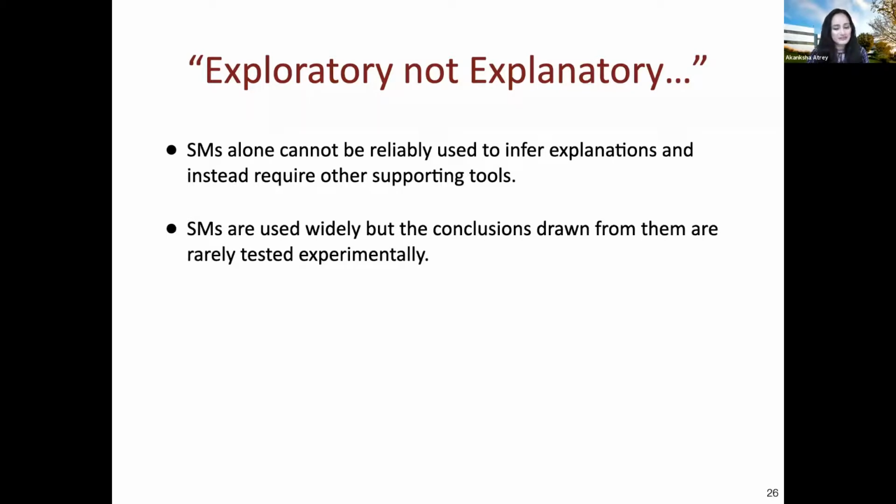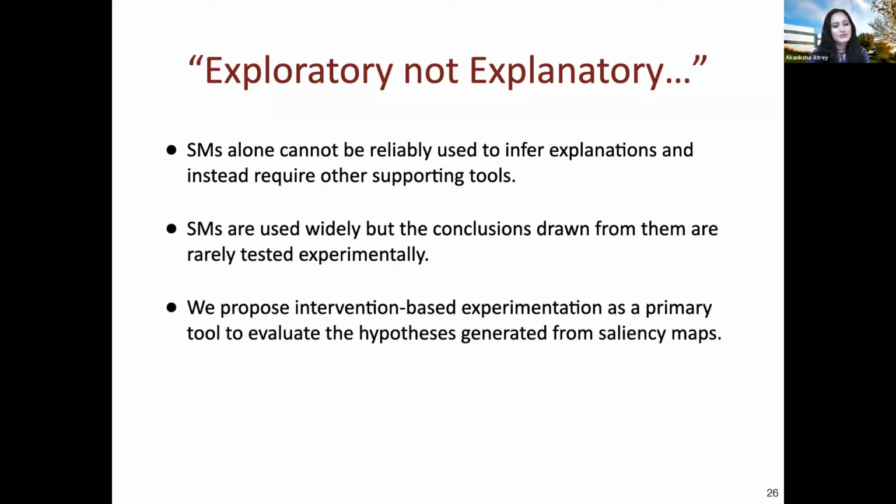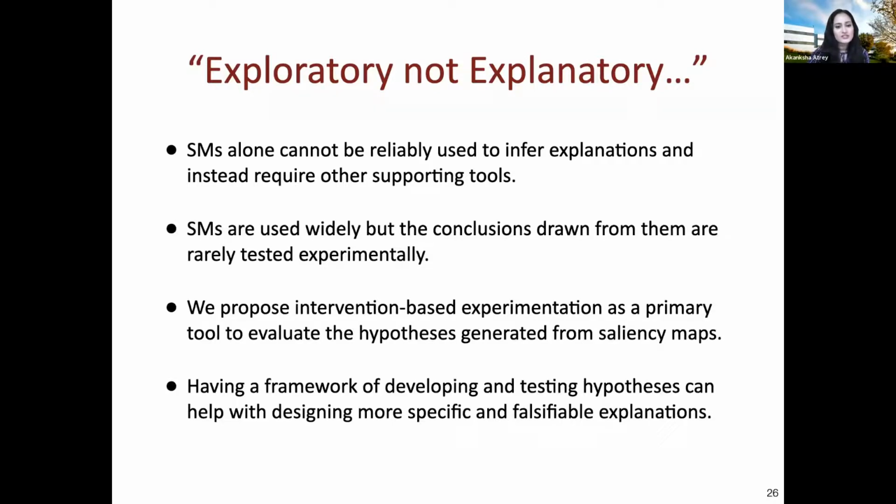They're rarely tested experimentally, despite being widely used. And so we propose intervention-based experimentation as a primary tool to evaluate hypotheses. And having such a framework is good for developing and testing hypotheses that are more specific and falsifiable, and hopefully even makes these models better. So before I move on to the next part of the talk, any questions?